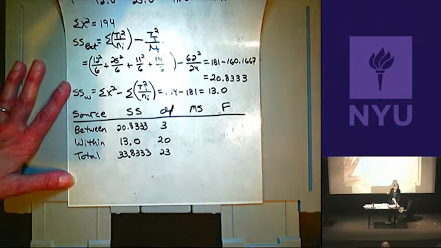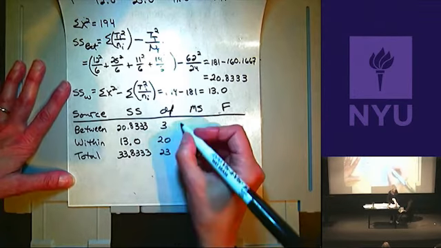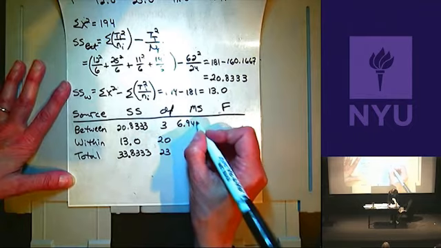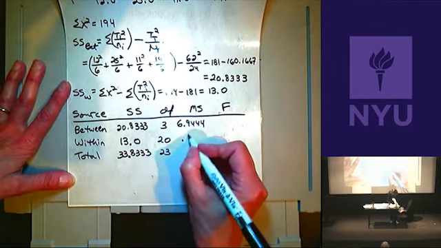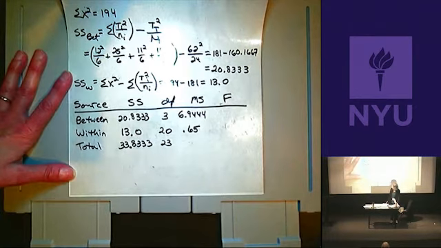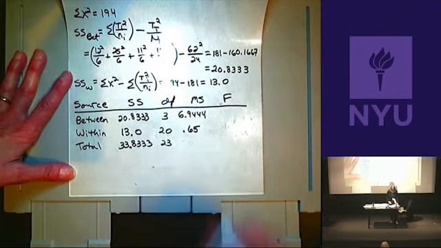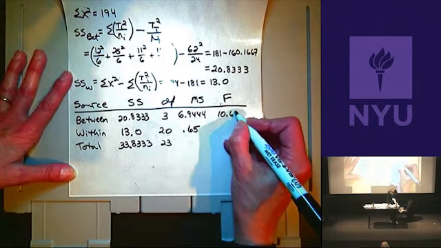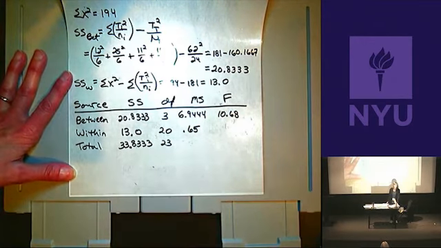How do I get my mean squares? Divide across, divide across. And then the F, mean square between divided by the mean square within. How do I know if it's significant?